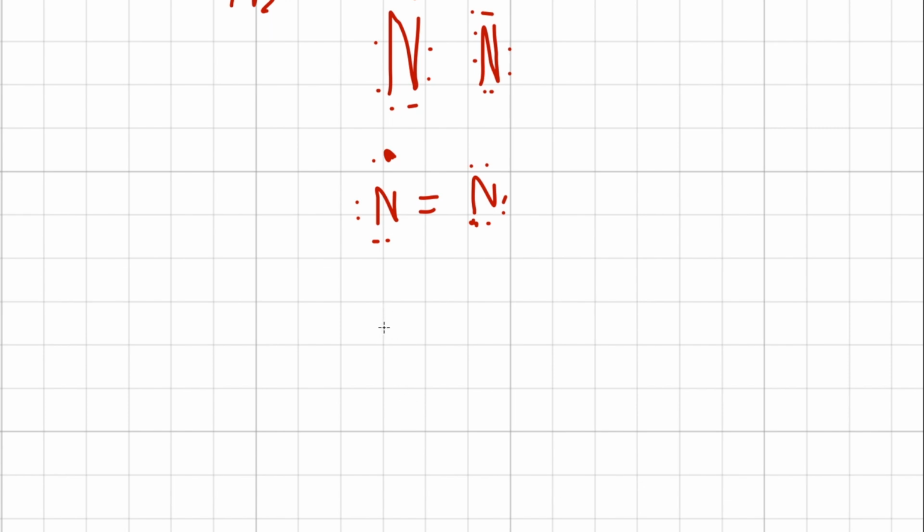So a triple bond looks like this: nitrogen, line, nitrogen. And that works because each of these lines has 2 electrons. 2, 4, 6, and now each nitrogen keeps just 2 electrons of its own. 2, 4, 6, 8. Both of them have 8 electrons.